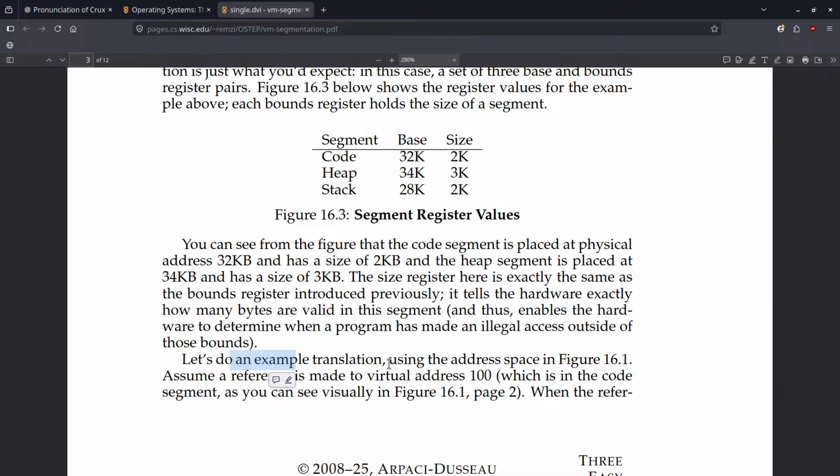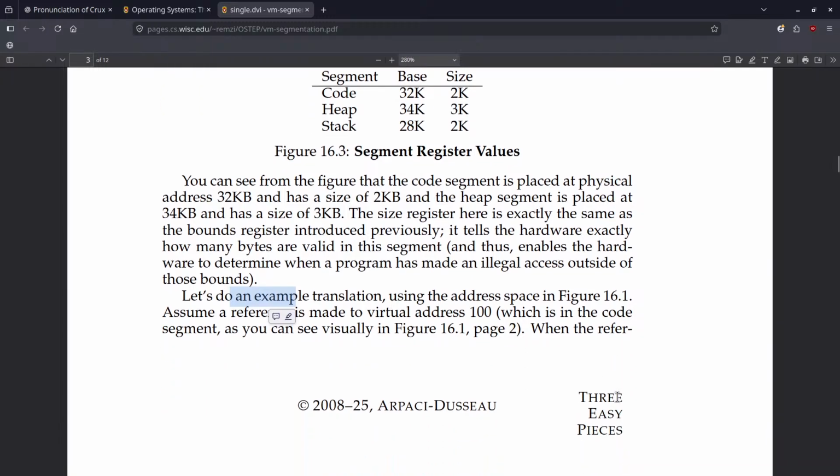Using the address space in figure 16.1, assume a reference is made to virtual address 100, which is in the code segment.